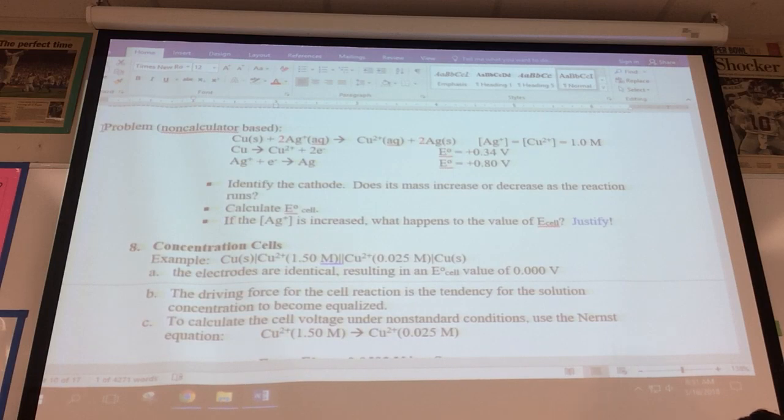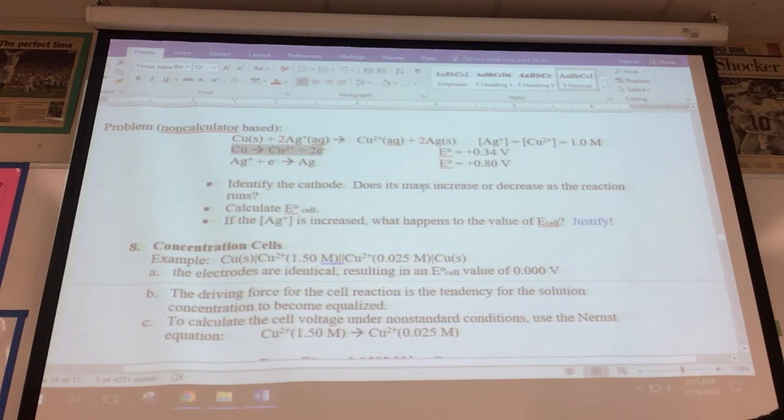First thing we want to do, we've got a balanced equation. We are told initially that the concentrations of the ions are 1 molar, indicating standard conditions. In this case, it has been indicated that copper is being oxidized, and silver ion is being reduced.